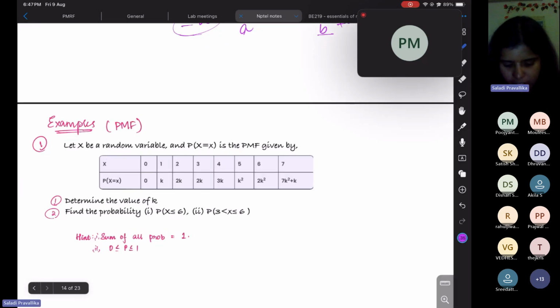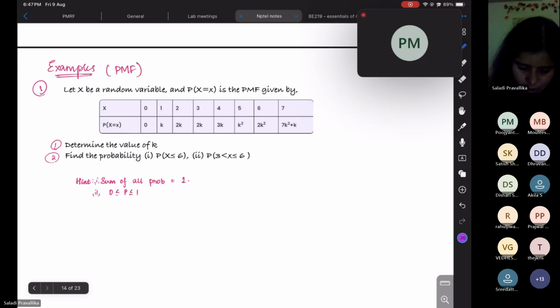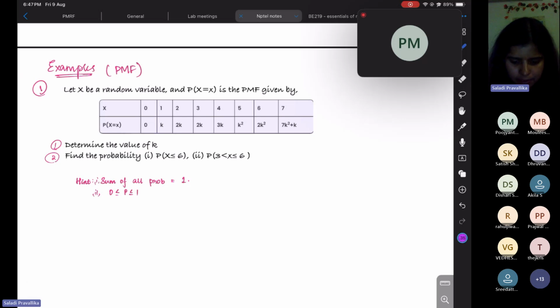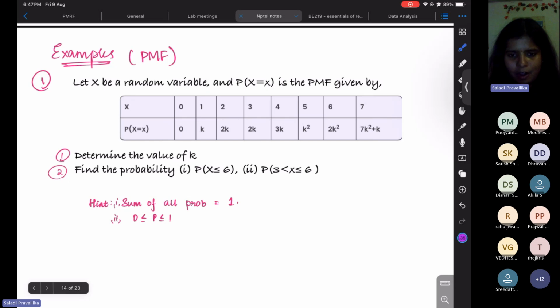Okay. We'll try one PMF problem and one PDF problem. So you can try this example once. I have given some hints as well, if you'd like to use them. If not, amazing. The second one is not exactly a hint. It is just for you to remember.